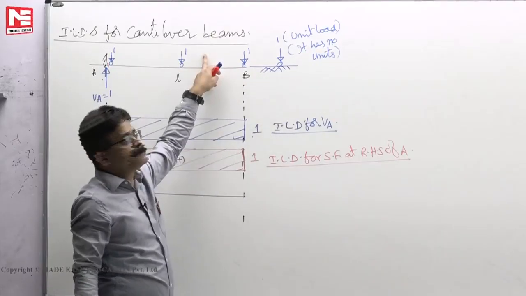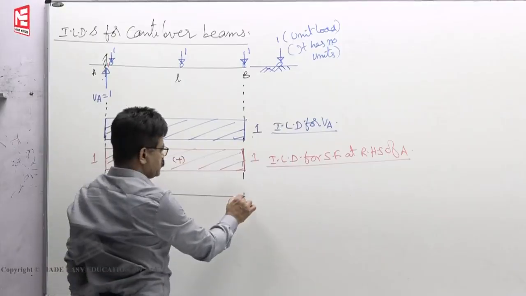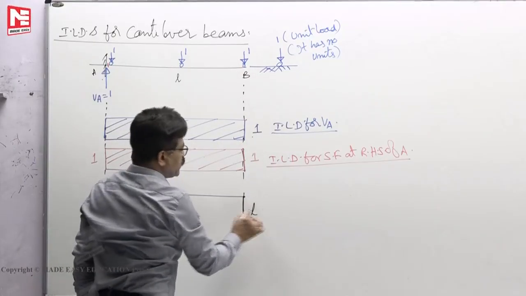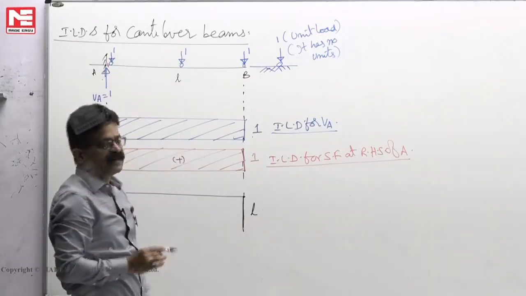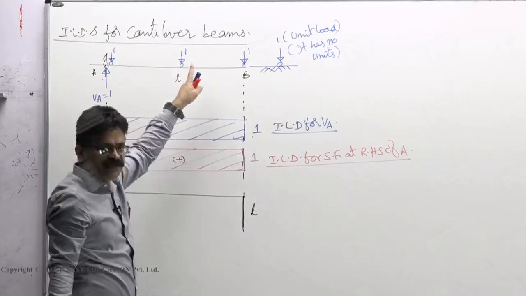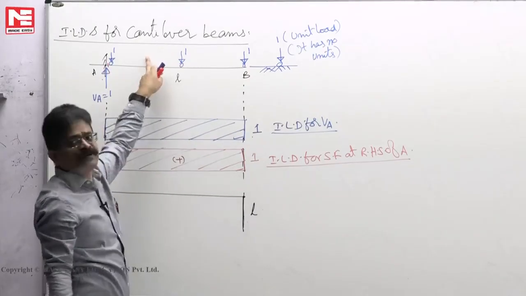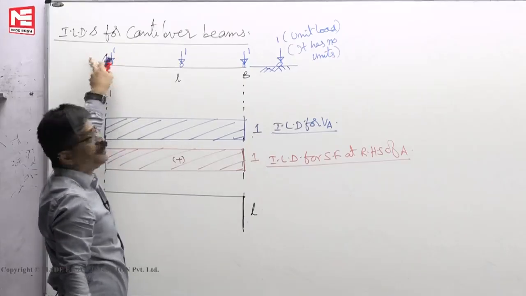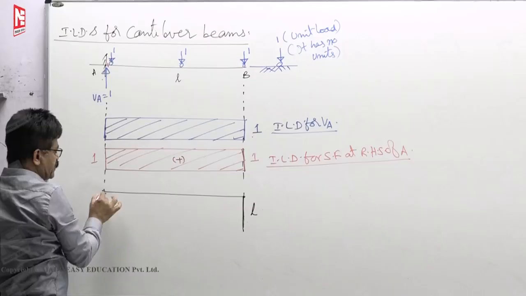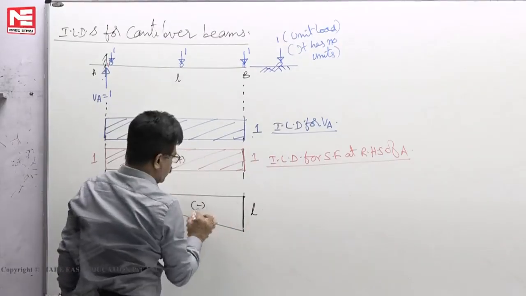So minus 1 into L. So 1 is already there, so influence is minus L. So load into influence, if you multiply, you must get the bending moment at A. As it is moving towards this support, its influence on bending moment at A will be less. If the load is at center, say, 1 into L by 2 only. When the load is here, bending moment at A is 0. So when the load is here, its influence on bending moment at A is 0. Here it is maximum. So it will go like this, minus.